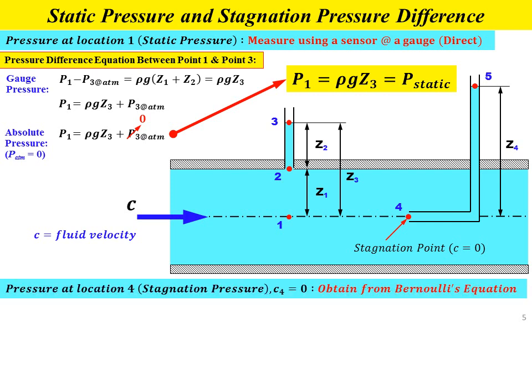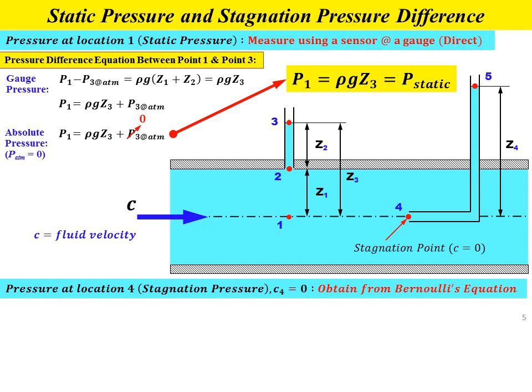Okay, so now we can determine the stagnation pressure of the fluid at the center line of the pipeline, which is the pressure at location 4. At this point, because the fluid velocity is brought to rest by the tip of the L-shaped gauge, the C4 value, the velocity at point number 4, will be 0.